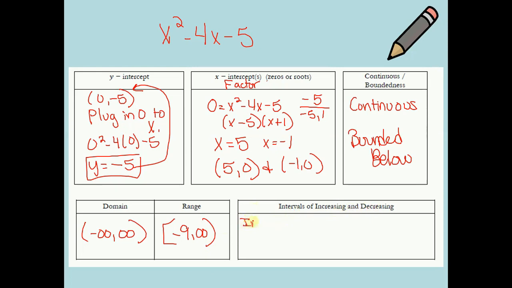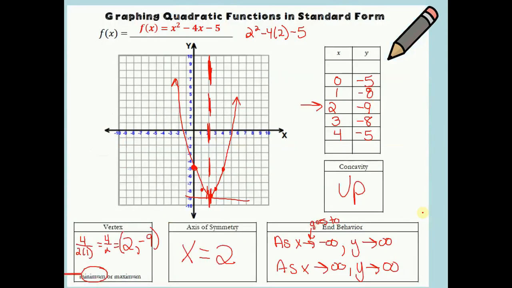Almost done here. We have increasing and decreasing to look at. Remember, these are your x values, so make sure you make a little note. If I draw my arrow here, I would be decreasing from negative infinity, because we're starting at negative infinity on your x values, guys. I stop decreasing at 2, aka your vertex, aka your turnaround point.